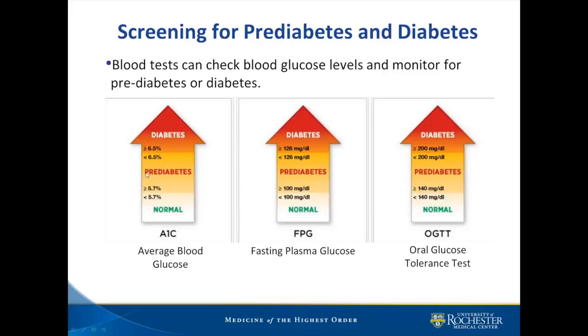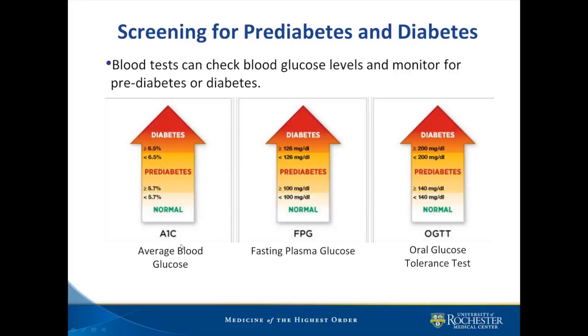That's called a pre-diabetic state. And if you look at the bottom of this slide, what you see are three different types of blood tests that are used frequently to assess whether a person is at risk of developing diabetes.